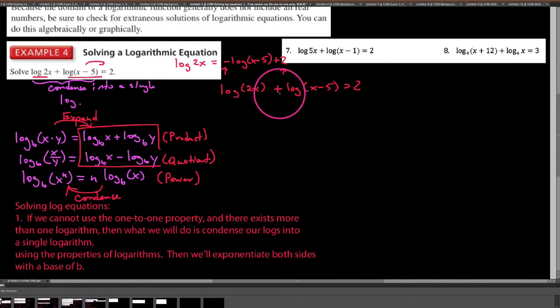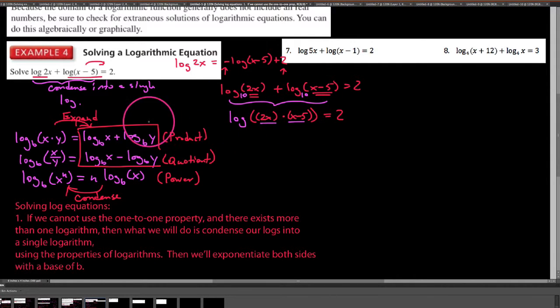Because we have the same bases, these are both the common log base 10, we could rewrite this as the log base 10, I'm not going to write the 10 this time, of 2x times our second argument, which is x minus 5. Now you can see that both of these logs have been put back together, where this is like our x and this is like our y in the xy expression.